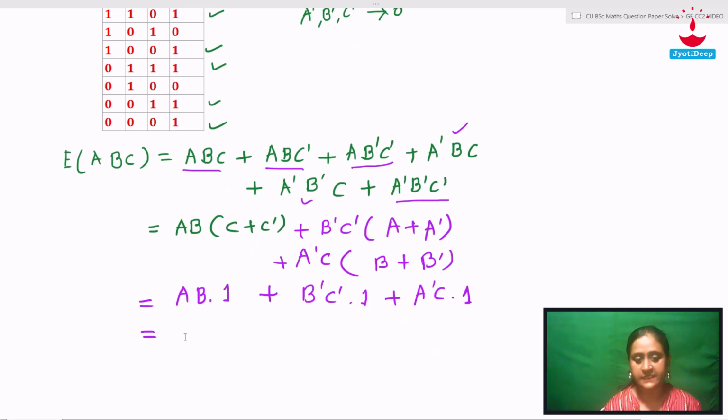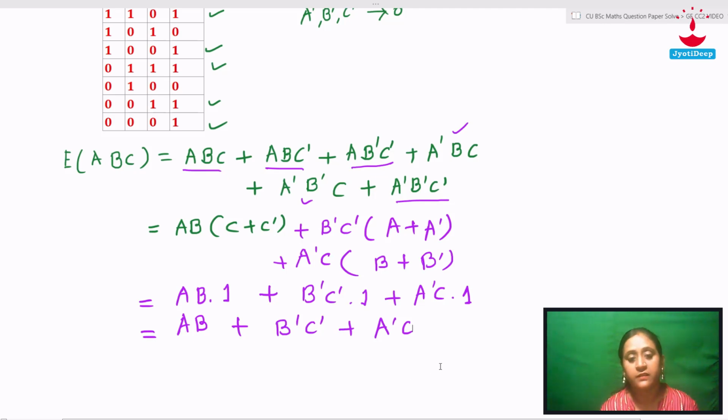So we can write it as AB plus B dash C dash plus A dash C. Now there is nothing common between them. This is the simplest form. We can draw the logic circuit now.